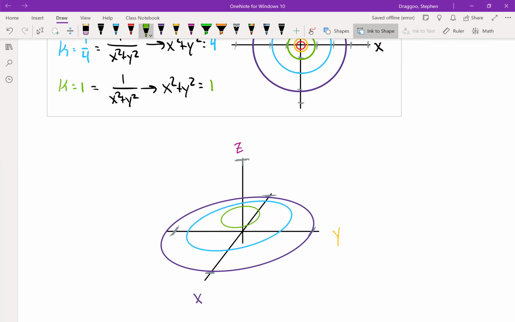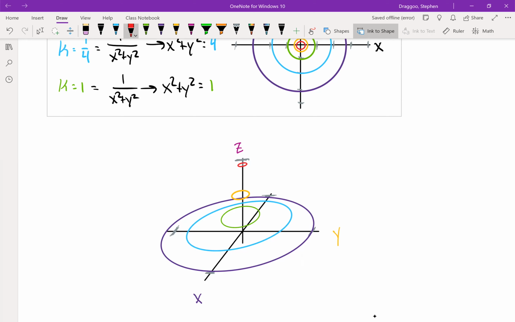And then our orange circle will rise up even higher since it goes to a height of 4. So maybe about like that. And then that red circle is going to be up really, really high, and it's quite a small circle. So let's squish that down a bit.